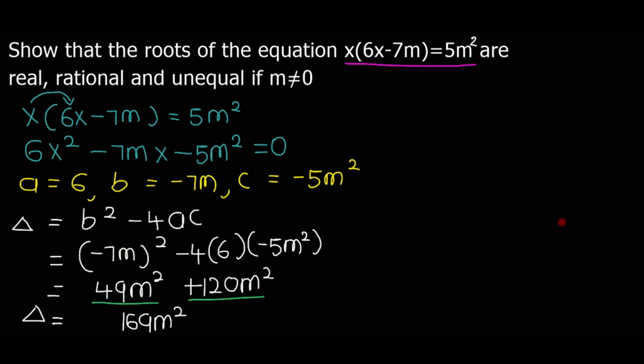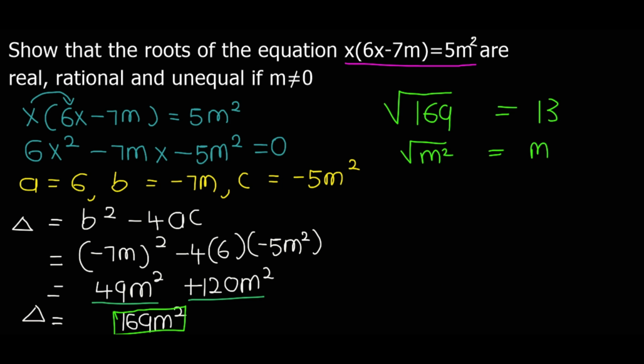So we can see that this delta is greater than 0, and at the same time it is a perfect square, because 169 is a perfect square, and also m squared is a perfect square, because if you put 169 inside a square root you get 13, so 13 is a natural number, and if you put m squared inside the root you get m, so this is a perfect square.